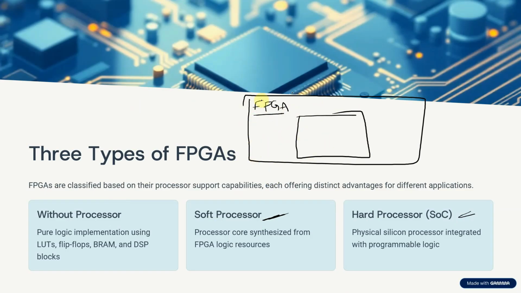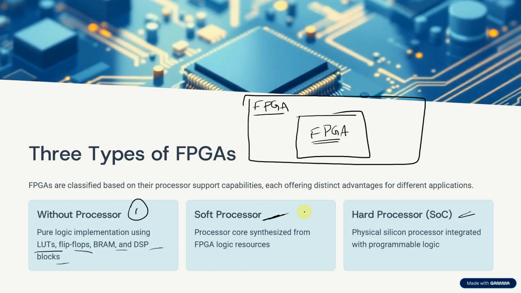So let's say we have a simple board like this with an FPGA chip. You might have an FPGA chip without any processor inside it. It is going to have pure logic implementation using LUTs, flip flops, BRAMs, and DSP blocks. So this FPGA chip is not going to have any internal processor.